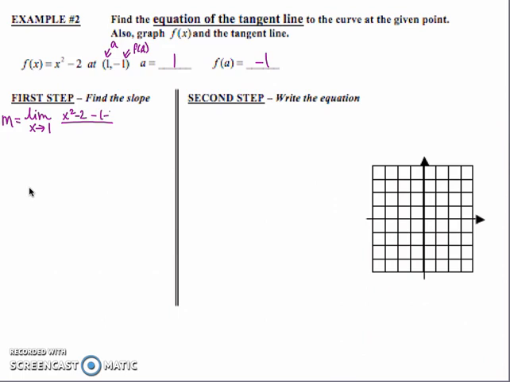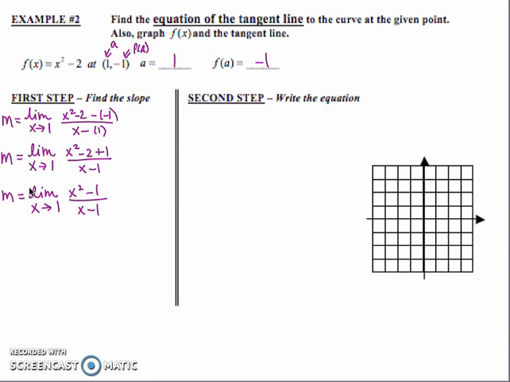So we end up with minus -1 over x minus our a value, which is 1. And now we just need to clean up a few double negatives here. So the limit as x approaches 1 of x squared minus 2 minus -1 becomes +1 over x minus 1, which is the limit as x approaches 1 of x squared minus 1 over x minus 1.